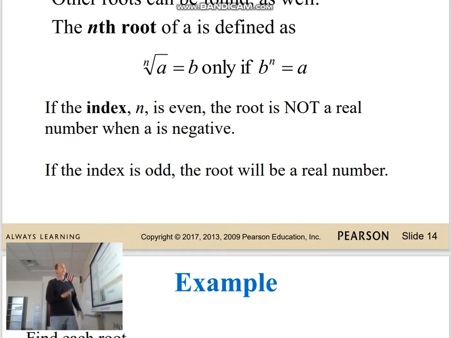If the index n is even, the root is not a real number when a is negative. That means we cannot calculate the nth root of a negative number as long as the index n is even. That's the same thing we have seen for square root, remember? And if the index is odd, that's not a problem. We can find the nth root of a negative number as long as the index is an odd number. The same thing we have seen for the cube root.